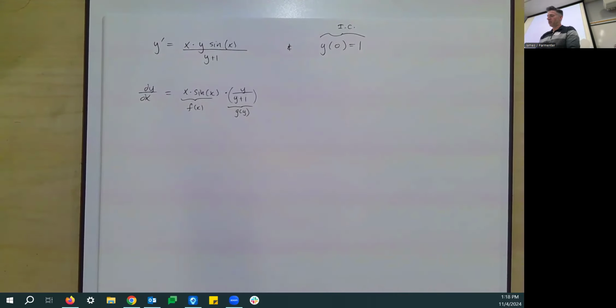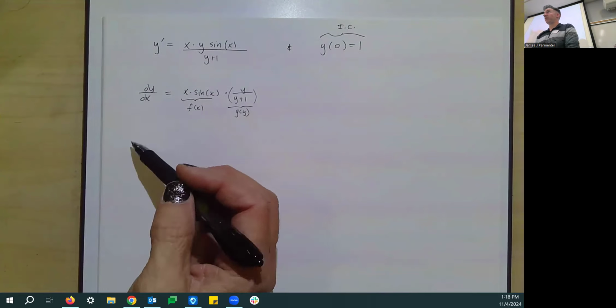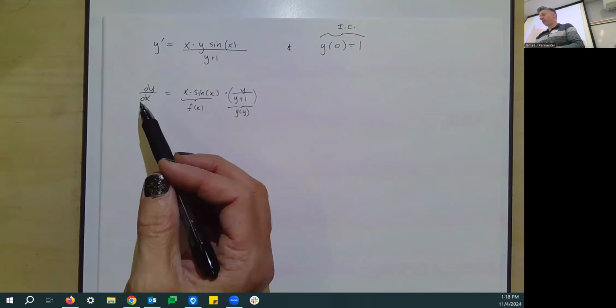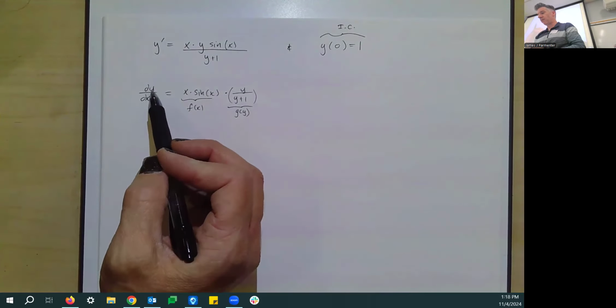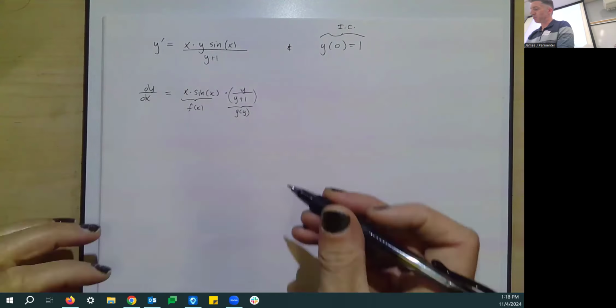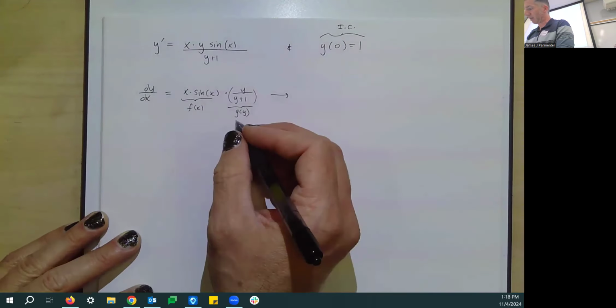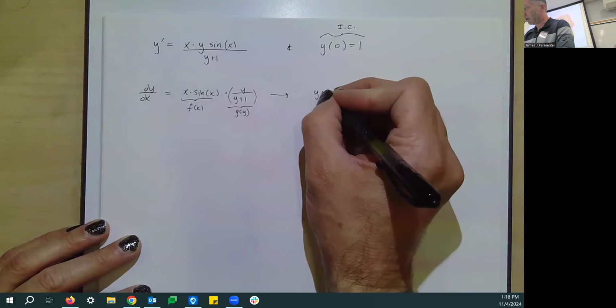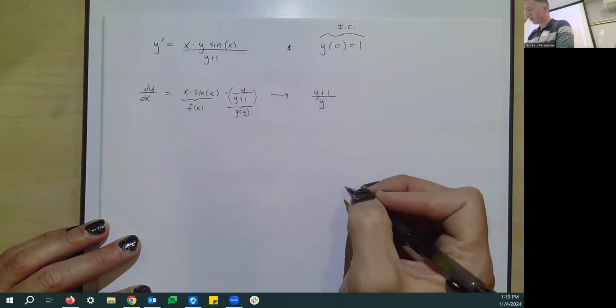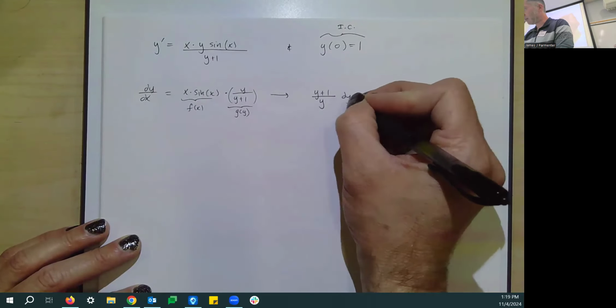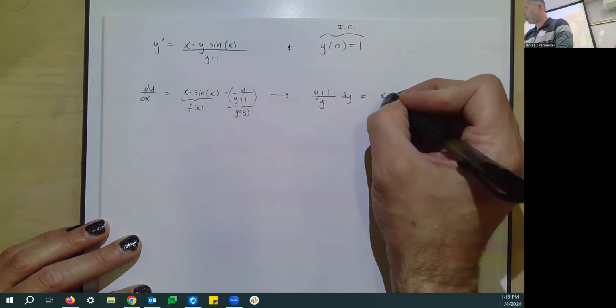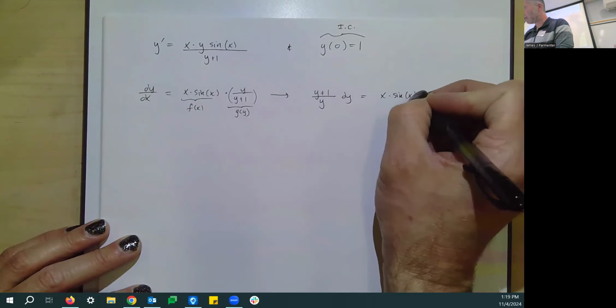I'm usually writing my derivative on the left side. It doesn't really matter, but bring all the top variables to the left, all the bottom variables to the right. So I'm going to bring my y's to the left. So I'm going to multiply by y plus 1. I'm going to divide by y times dy. On the right-hand side, I have x times sine of x times dx.